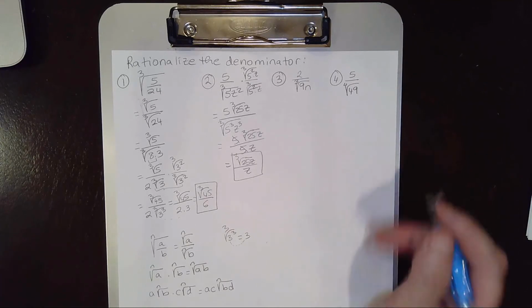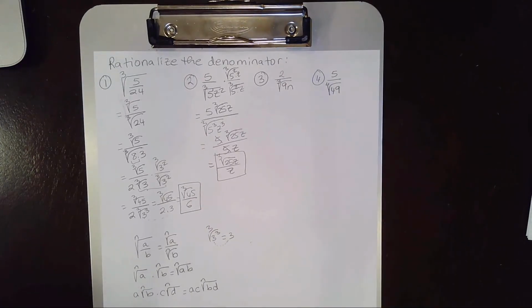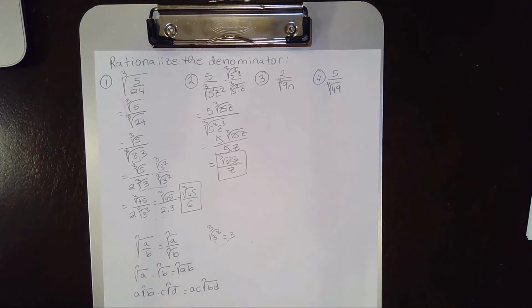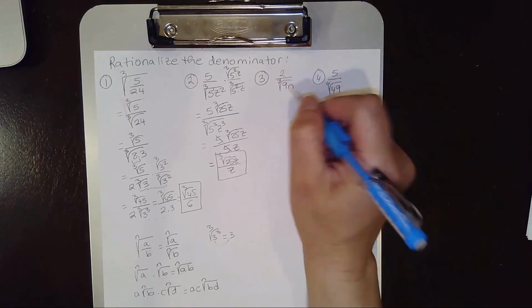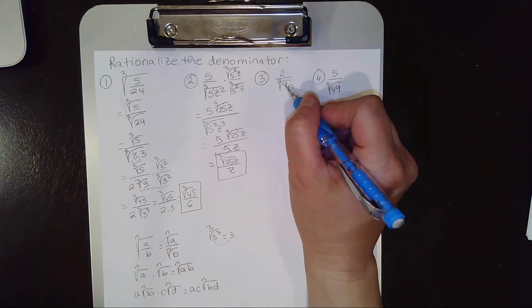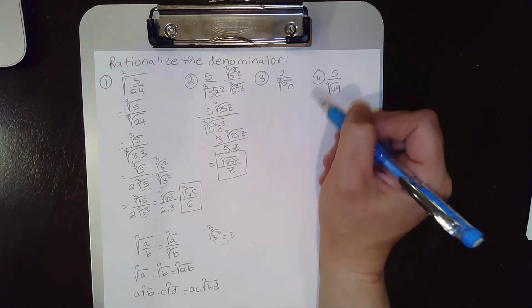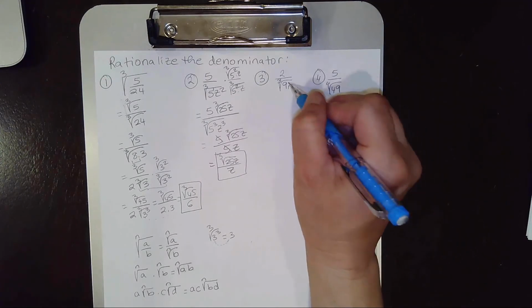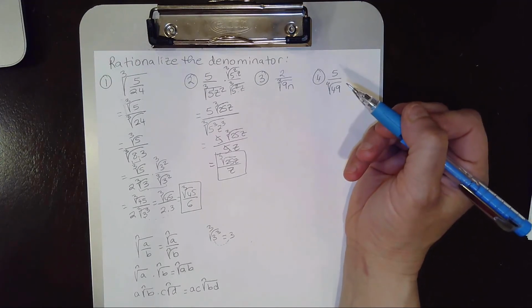So let's do the third problem. We have 2 divided by cube root of 9n. Again, if something's going to come out, it has to be cubed first. You may choose to multiply by 9 squared, so it becomes 9 cubed and comes out as 9. But if you notice that 9 is 3 squared, you can change that.